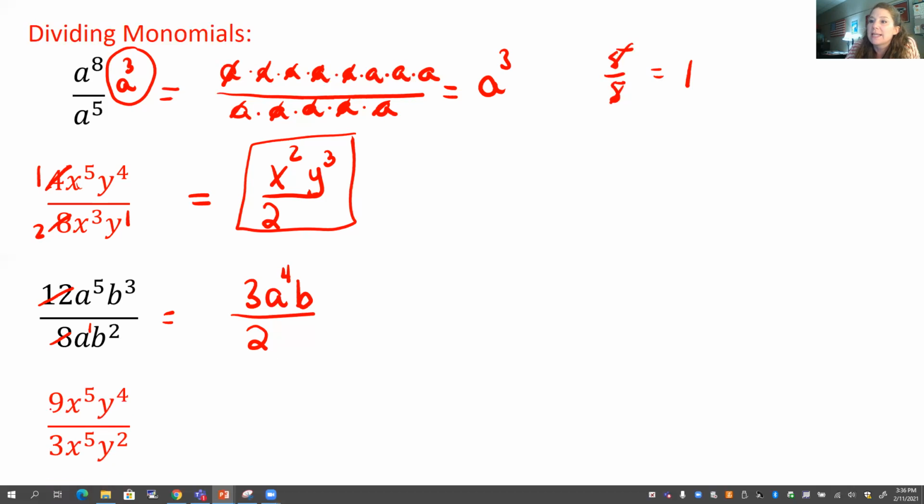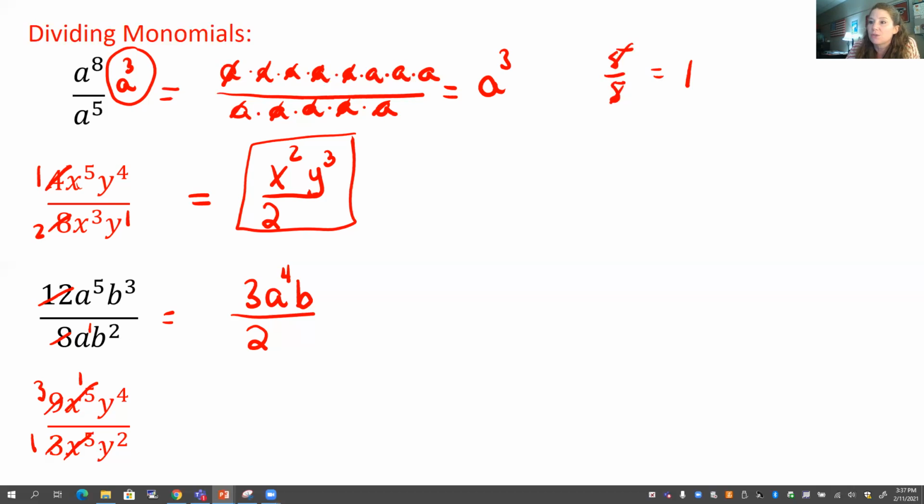All right, I'm going to divide 9 and 3, both by 3. 9 divided by 3 is 3. This one is a 1. All right, what's x to the 5th divided by x to the 5th? 1, because if you subtract your exponents, you get 5 minus 5, which is 0, and x to the 0 power, like anything else, is equal to 1, right?